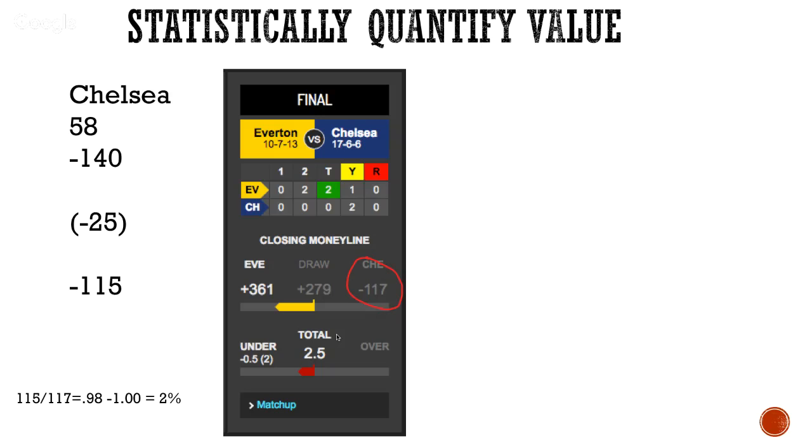If you walked into a store and they said, "Hey, we got a good deal on this microphone, it's 2% off," 2% is not a good deal. Going back to my earlier point, minus 115, our line is very close to the odds maker line. So in this situation, this would be a no play.